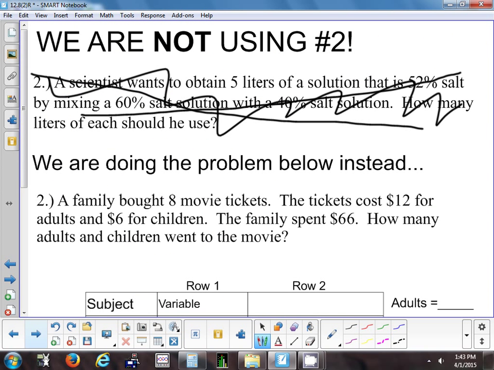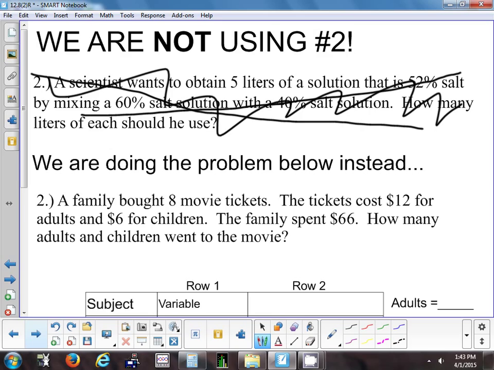You do need to write this one down. It's kind of hard on there to find the space to do it, so let's just follow along, okay? I just put in big bold up here, we're not using number 2 on that front side of that homework. So I want everybody right now, so you don't get confused, to cross it out.